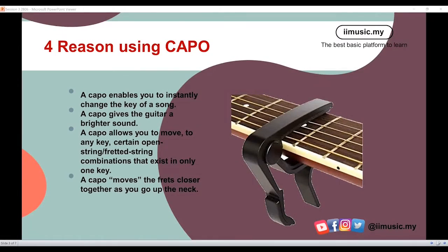And the second reason is that a capo gives the guitar a brighter sound. When you place a capo on the guitar, it will sound more like a mandolin or some smaller instrument. This feature is good when you want to play with another guitar.